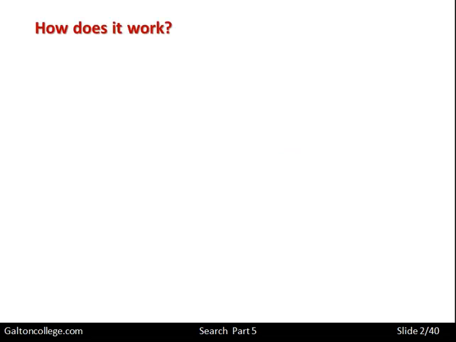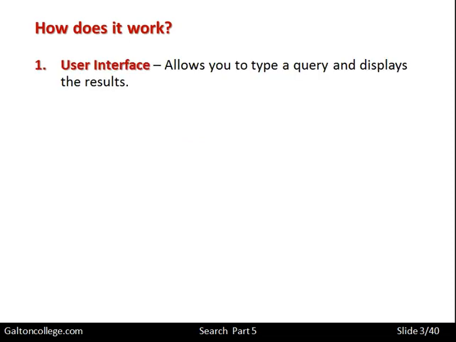So first of all, search engines. How do they work? There's a user interface. It allows you to type a query and displays the results. Generally speaking, we access a search engine through the browser.